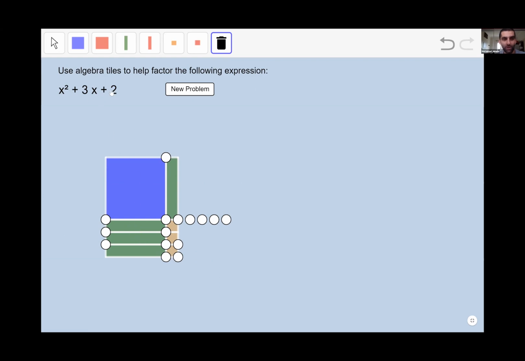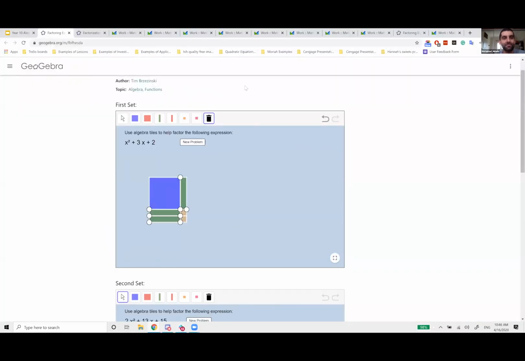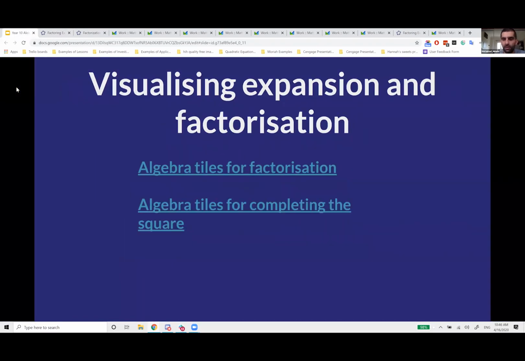Here, the two numbers that multiply: 1 times 2 gives you 2, and they add up to give 3. So we put 1 there and 2 here. Get rid of that and that. And there you have it. You have x squared plus 3x, 1, 2, 3, plus 2. And it's just x plus 1 times x plus 2. So hopefully this gives you another appreciation for visualizing factorization. All right, I'm going to go into a couple of quick examples now.